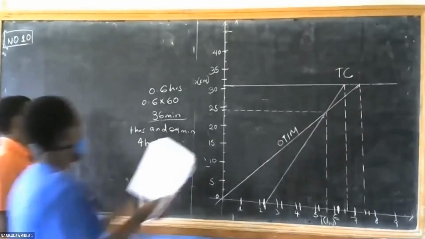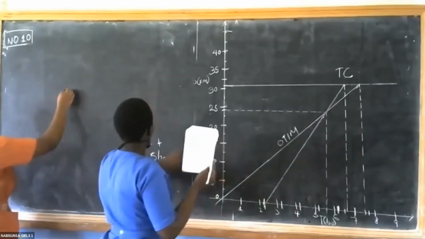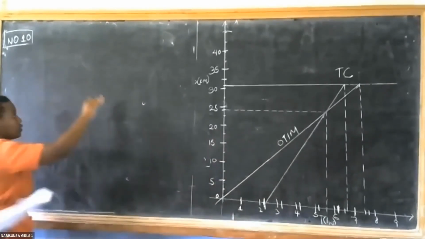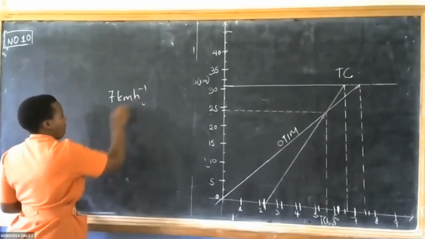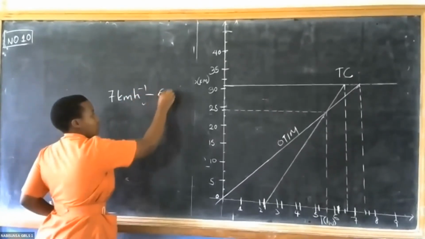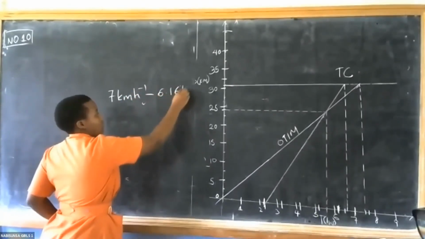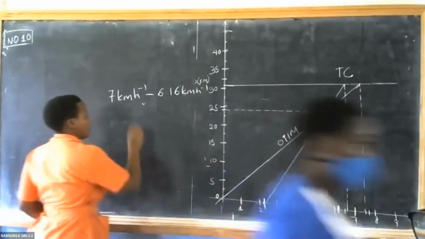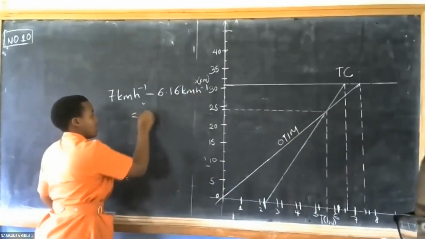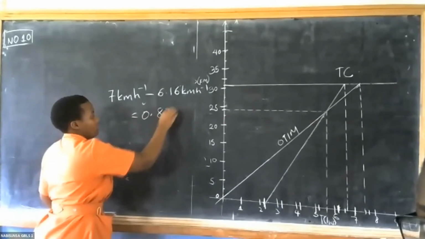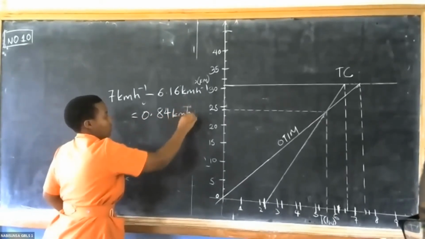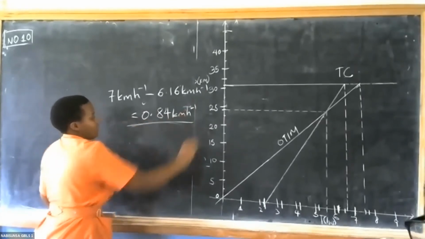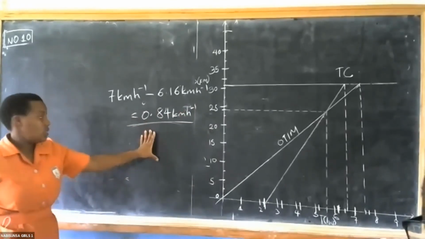It's going to be the first speed that he used, which was 7 kilometers per hour, minus the 6.16 kilometers per hour. This is going to give us 0.84 kilometers per hour. So this is how much he reduced his speed.